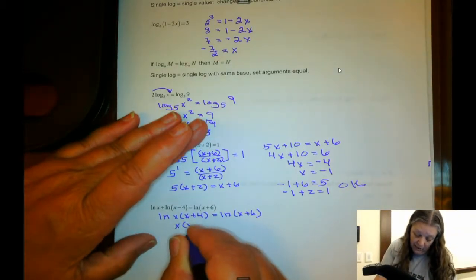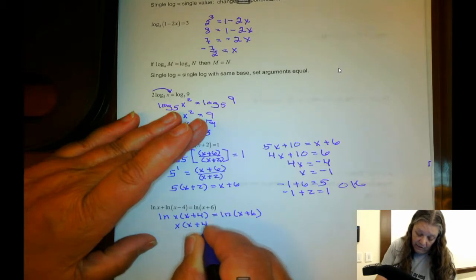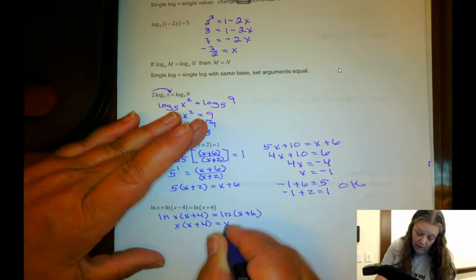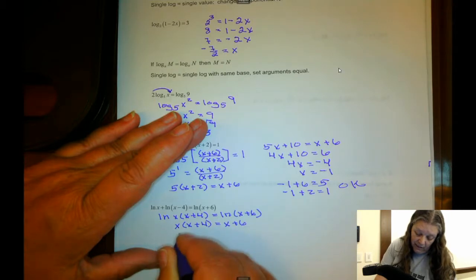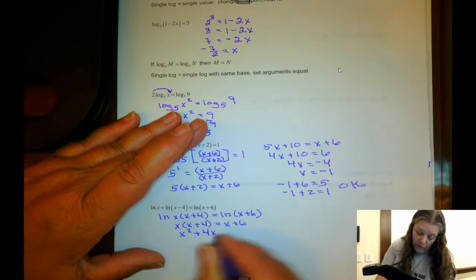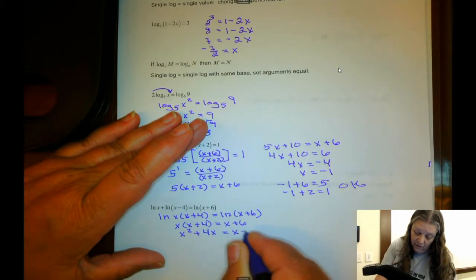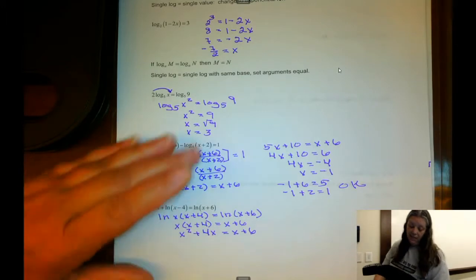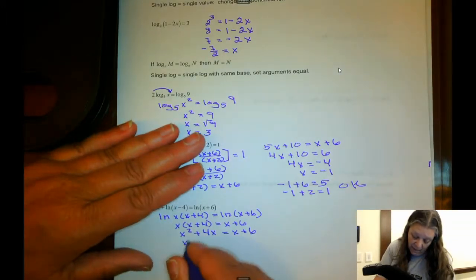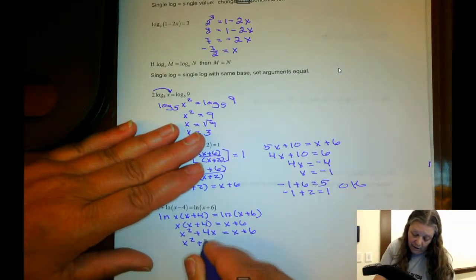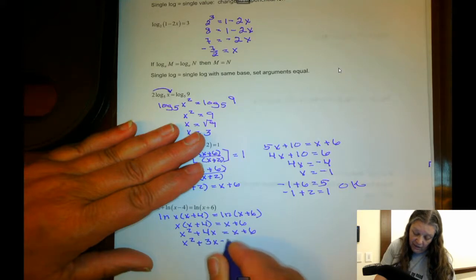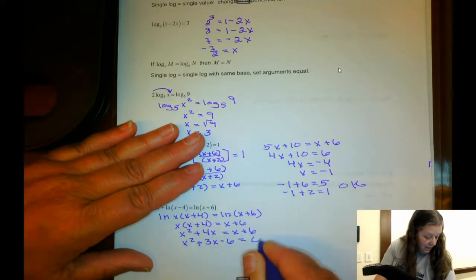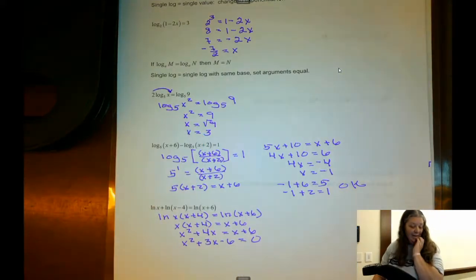So x times x plus 4 equals x plus 6. X squared plus 4x equals x plus 6. We have a quadratic, so we set it equal to 0. X squared plus 3x minus 6 equals 0.